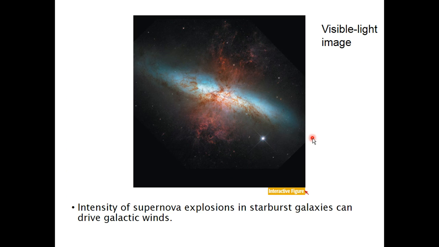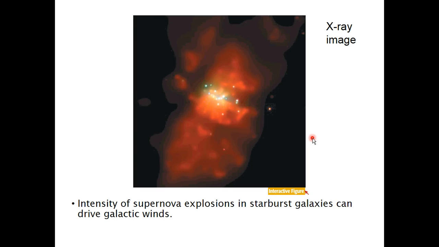Because they're forming so quickly, you're getting large numbers of young, large blue stars, and so large numbers of supernova explosions, and so you get lots of galactic winds. You get lots of streams of particles moving away from the galaxy.